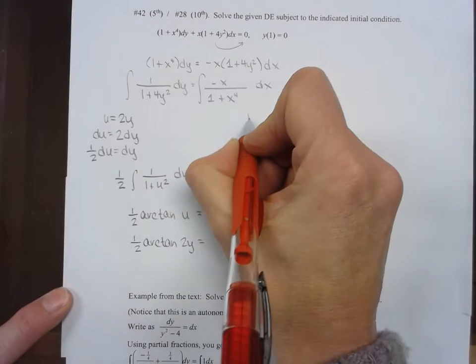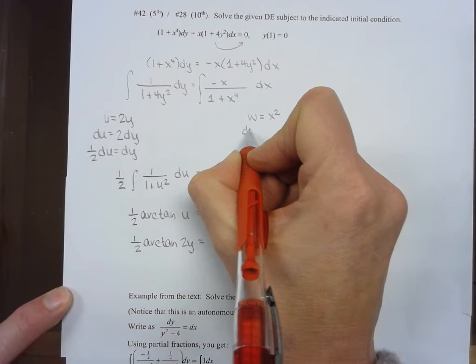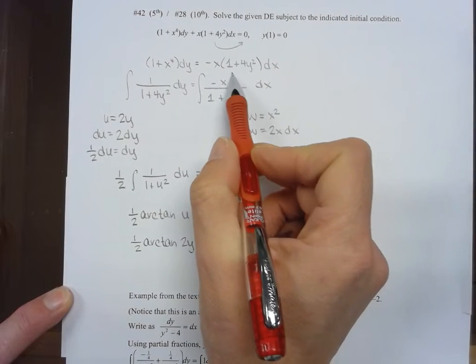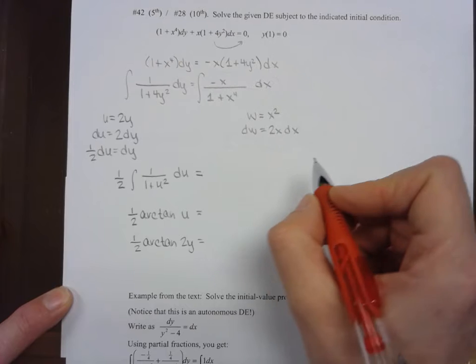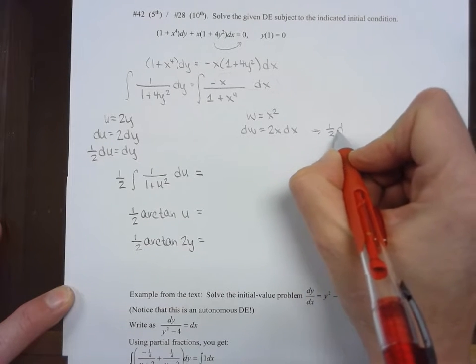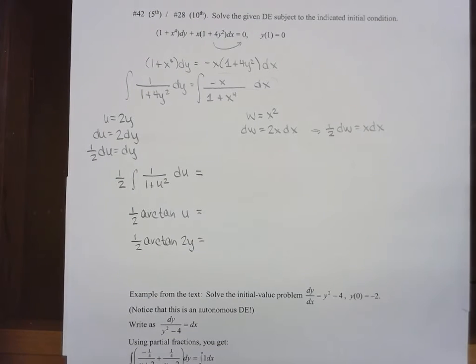So I'll say w equals x squared, then dw equals 2x dx. We have x dx left over, so I'm just going to multiply both sides by 1/2. 1/2 dw equals x dx.